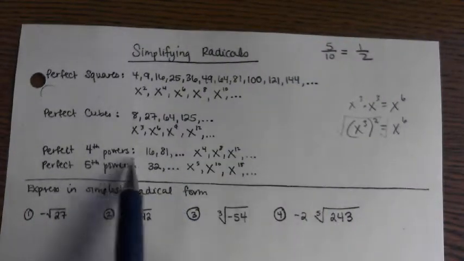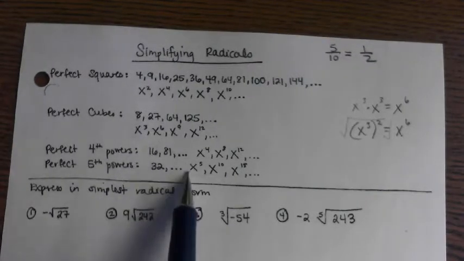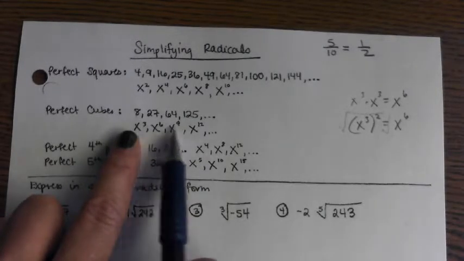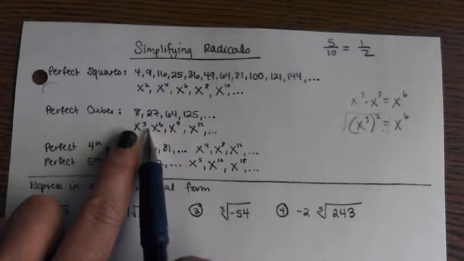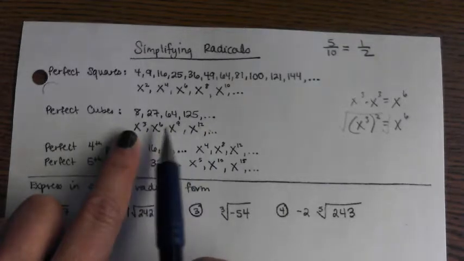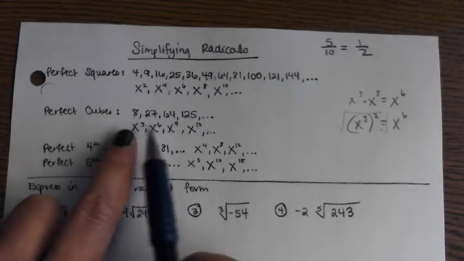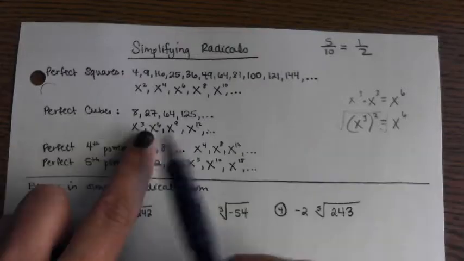So obviously 4th powers and 5th powers get big much faster, so we're familiar with less. But look at your perfect cube variables. What do you notice about all their exponents? Right, they're multiples of 3. So 3 goes into 3 once, so the cubed root of x to the 3rd is just x. The cubed root of x to the 6th is x squared because 3 goes into it twice.